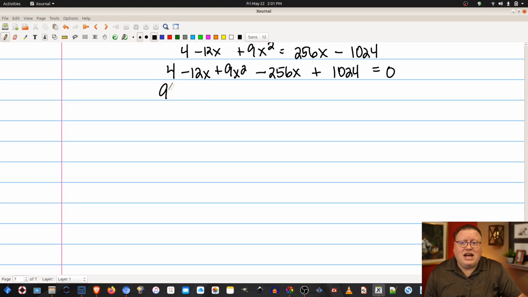So I have 9x squared. Okay, I got my 9x squared. What else do I have? I have a negative 12x and a negative 256. So that's going to be a negative 268x.